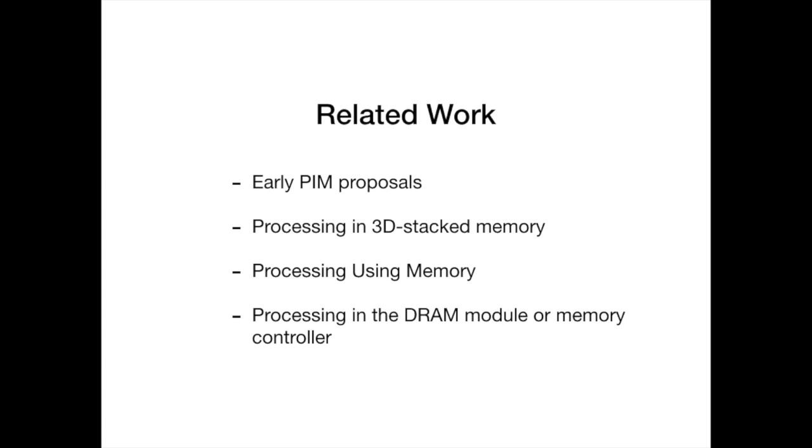There has also been work done on processing using memory. The distinction of processing using memory instead of processing in memory is that it is referring to exploiting the inherent properties of standard DRAM architecture without a logic layer to perform bulk operations on memory lines, such as copy, data initialization, bitwise logical operations, and simple arithmetic operations.